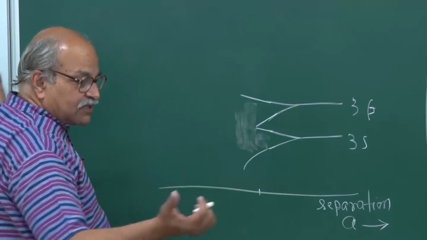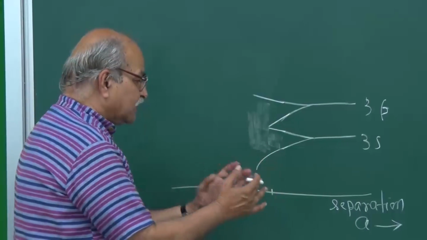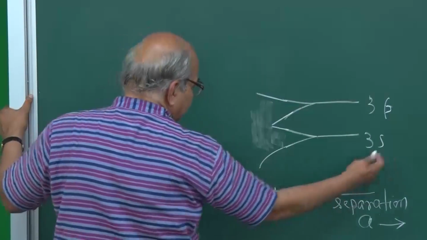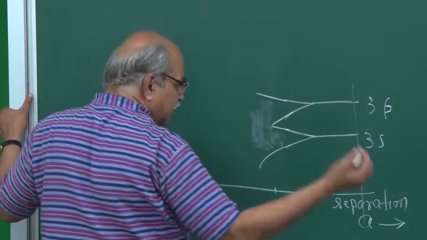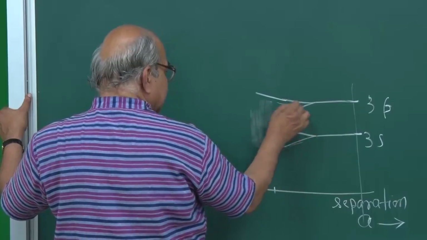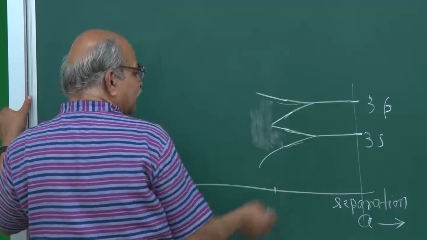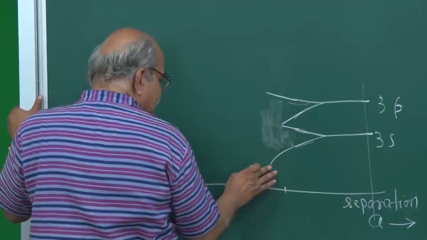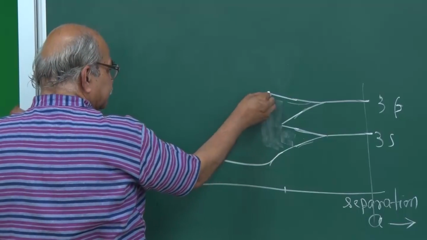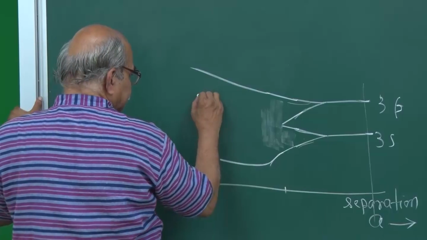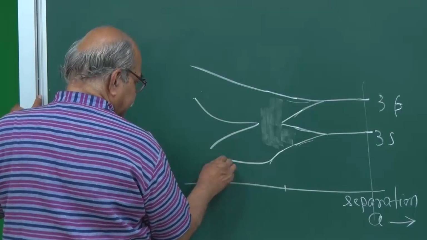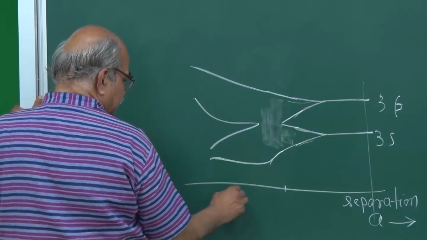You can take lattice parameter A as the measure of average separation between neighboring silicons. So if large separation, it's vapor, non-interacting, it is 3s 3p. Then here this is the 3s band, this is the 3p band, broadened but still 3s 3p. After that it gets mixed up. And once it is like this, then further if you reduce the separation, it goes like this. Something of this sort. And the actual separation may be somewhere here.